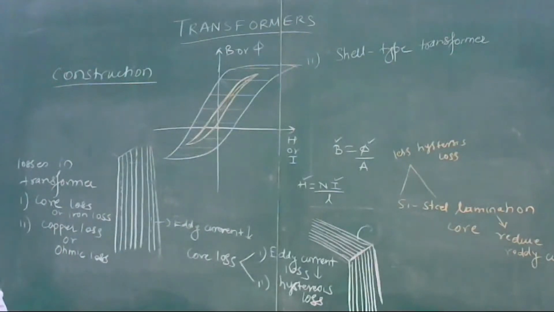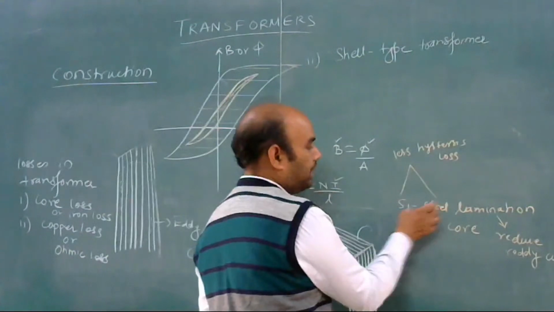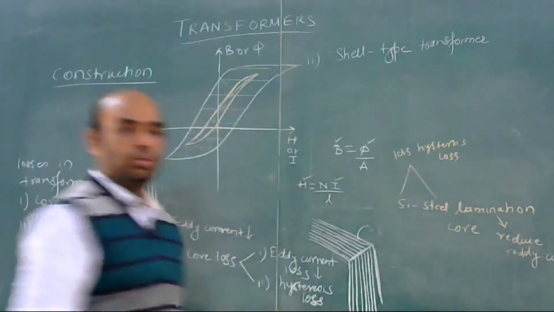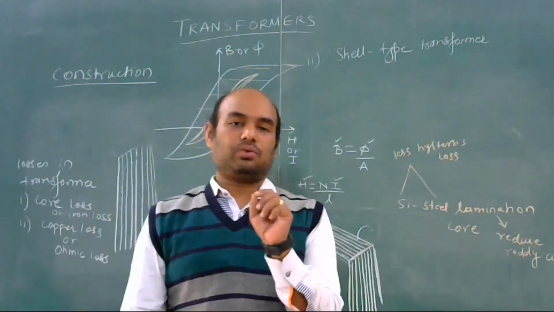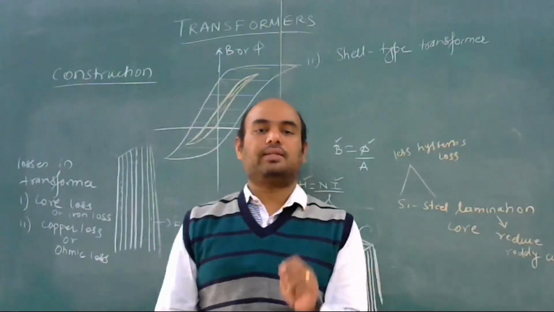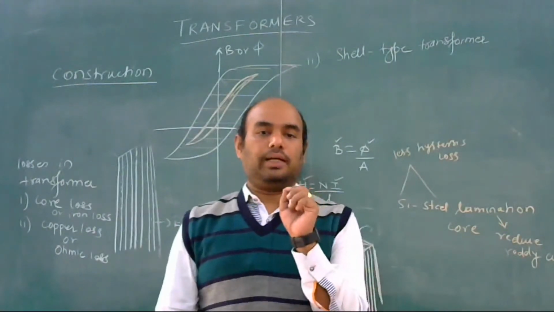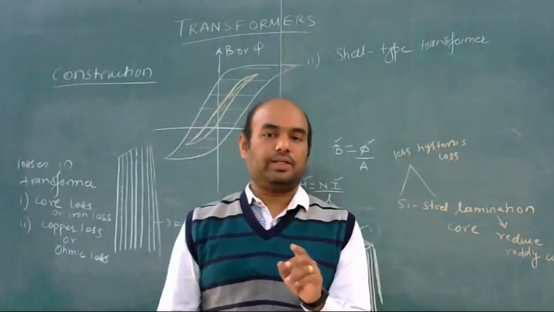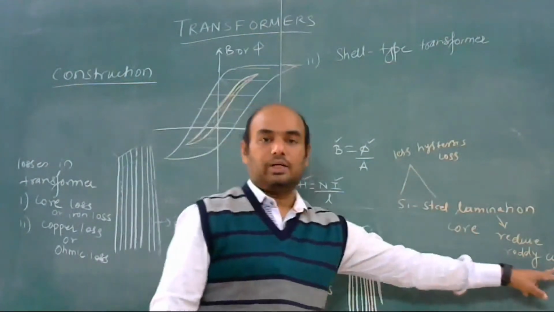This is the reason why we are using silicon steel and laminated core. So there are two types of losses: one is core loss, and second one is copper loss. In core loss there are two losses: one is hysteresis loss and second one is eddy current loss.